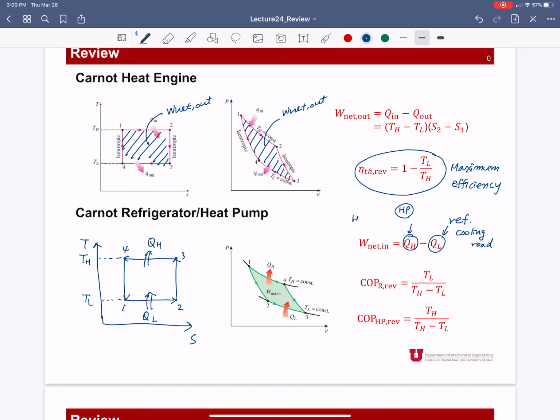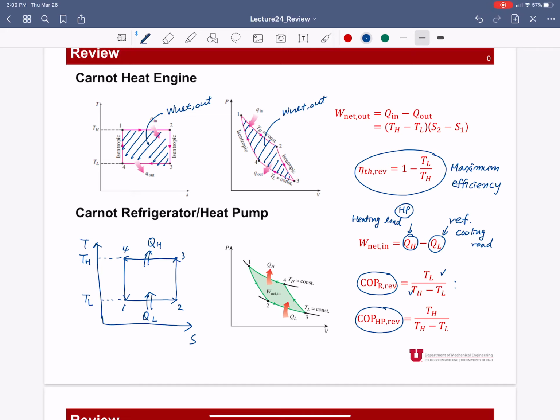So that is our performance: how much heat can be taken out or how much heat can be supplied to the space. Equivalently, with what we discussed about the efficiency for the heat engine, we also can define COP for the refrigerator or COP for the heat pump. When you apply the Carnot cycle for the refrigerator or heat pump, this COP can be written in terms of TL and TH.